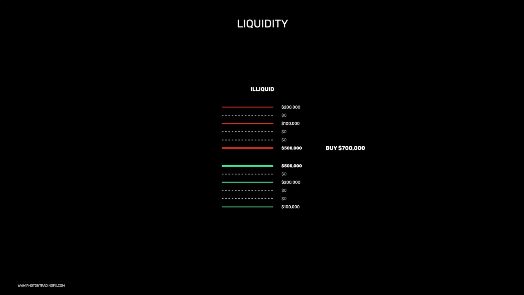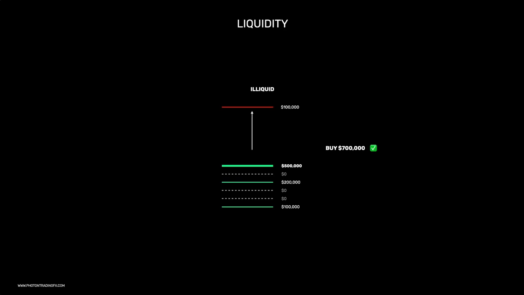But if we are looking to buy $700,000 of whatever instrument this is, but there's only $500,000 at the current ask price level, what do you think is going to happen? Well, if you press buy for 700,000, you would instantly absorb all of the liquidity at that nearest ask price, and price would continue to shoot up another 5 price points until all of your demand had been absorbed by the available supply in the market.